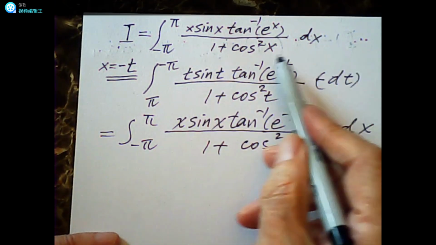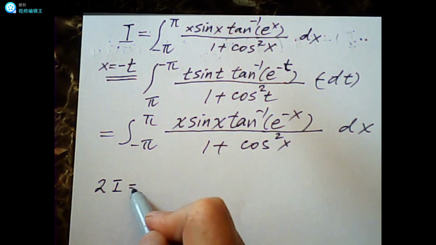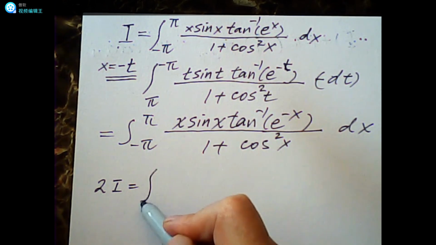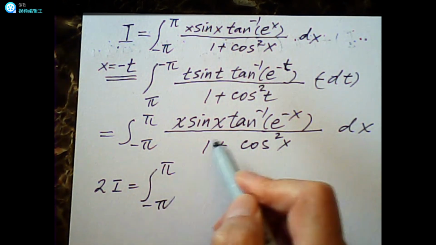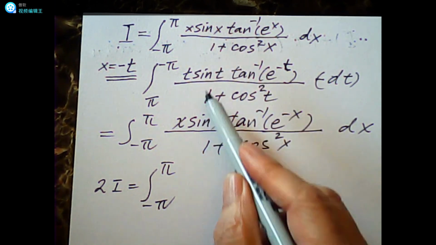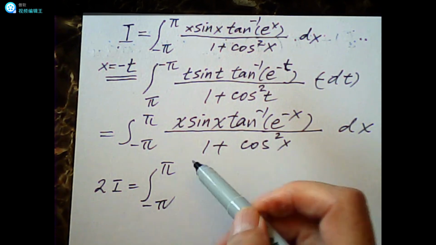Now this is I, right? This is also I. Therefore 2I becomes this one plus that one. And x sine x over 1 plus cosine square x is the common factor.